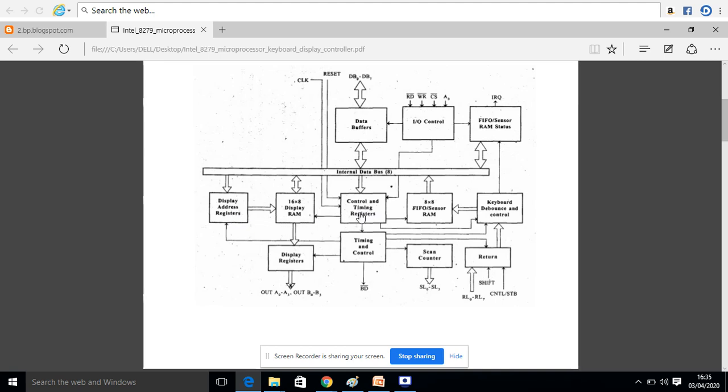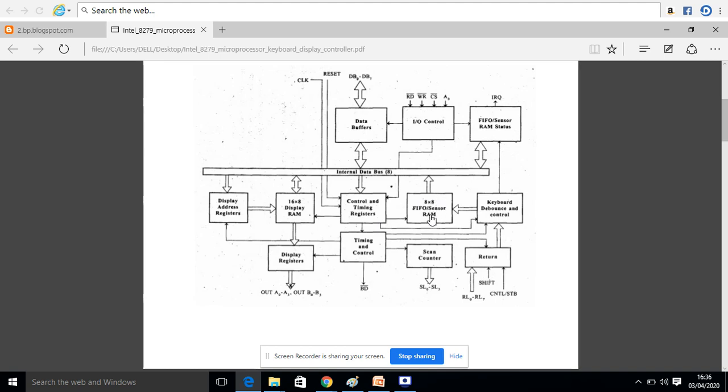The control and timing register contains the status and control information carried from the microprocessor. The microprocessor sends this information in the form of a control word, which comes through the address bus and is stored in the control and timing register.